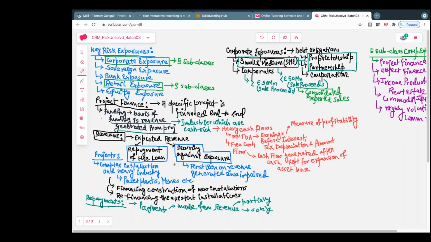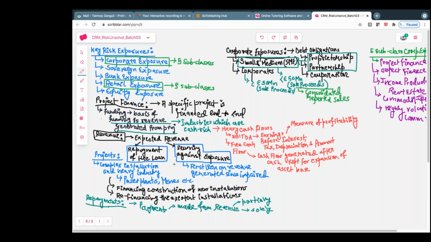Similarly, in object finance, the bank is not financing the whole project including installations. In object finance, there are different kinds of commercial objects, like ships, aircraft, satellites, fleets. These are the kind of assets which are being financed.